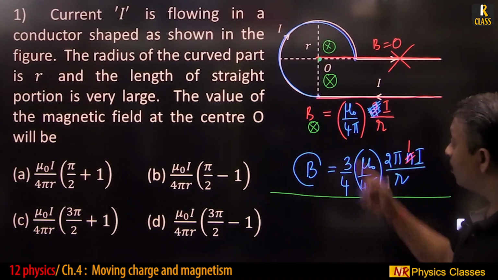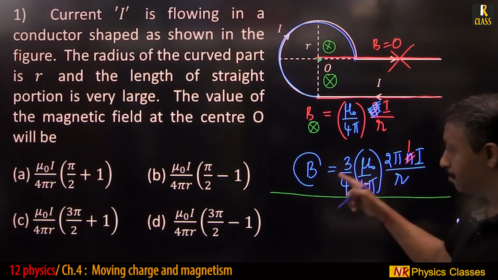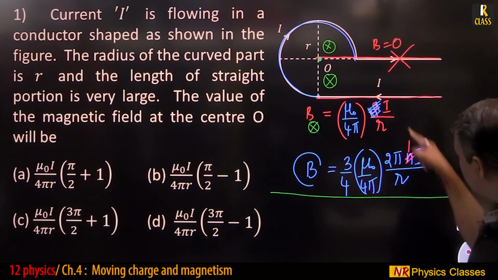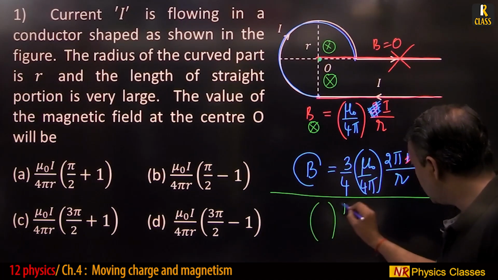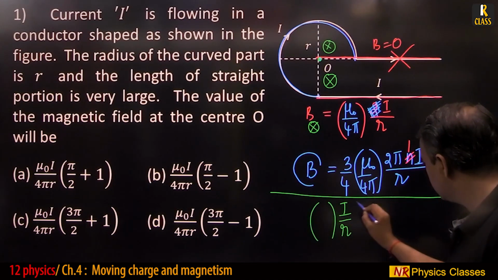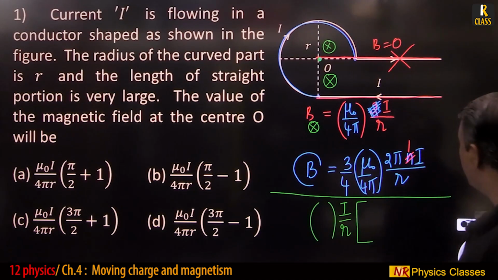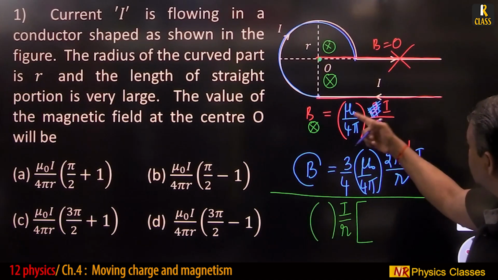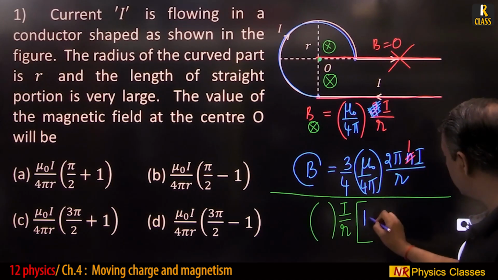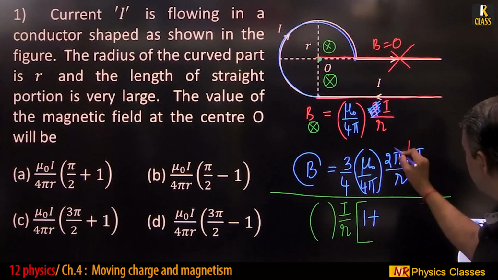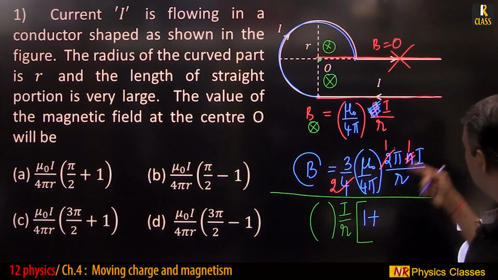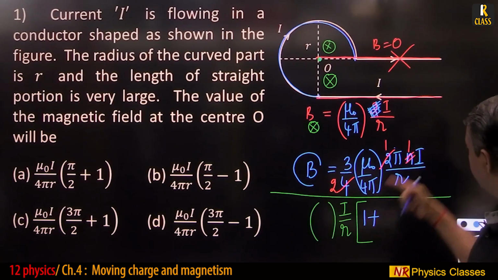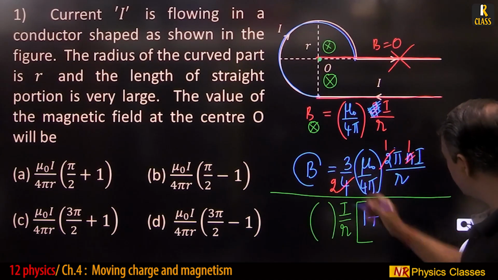Identify the common factor, constant I by R. Remaining: 1 plus 3 pi by 2.